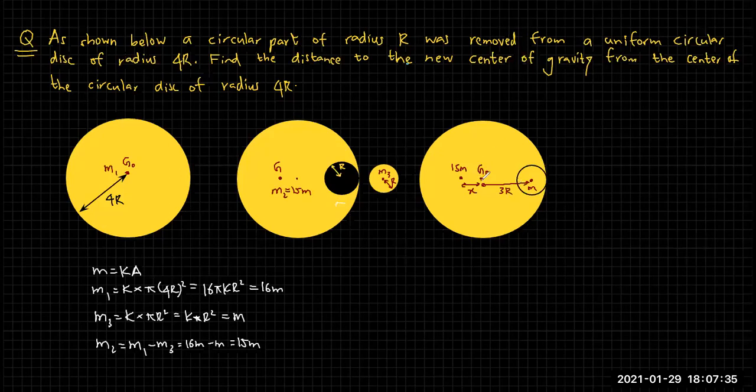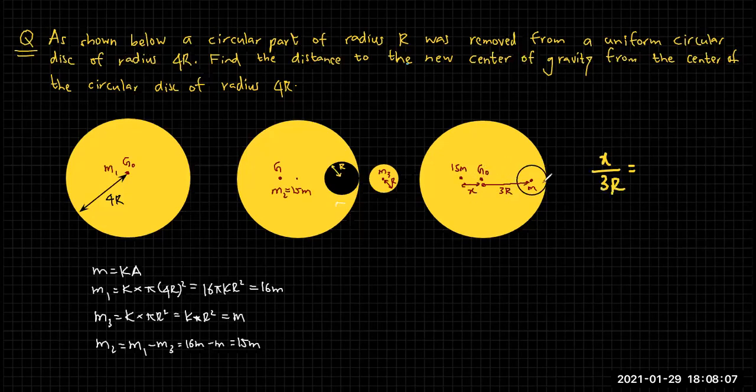All right. So now when you put the small circle back, you have the large circle again. The new center of gravity of the combined object, this 15M part and M part, will be again at the center of the large circle. So what is the ratio we are going to use? The ratio is X over 3r, the ratio between the distances.